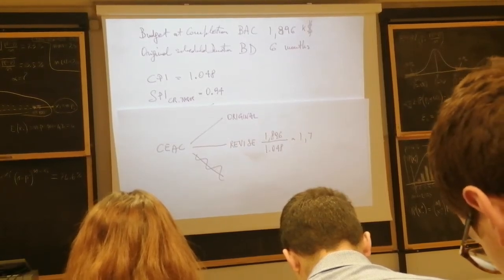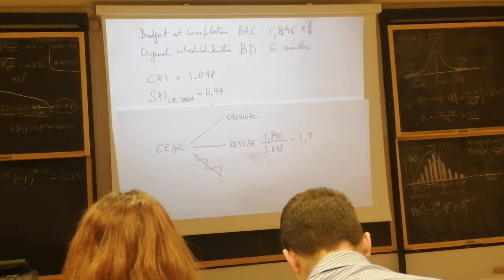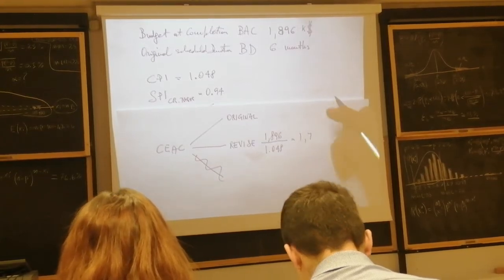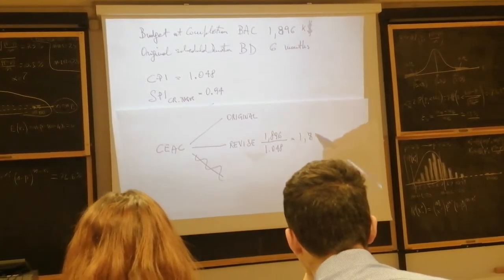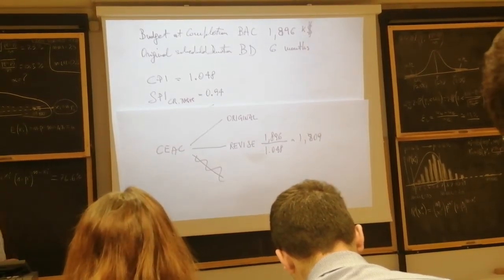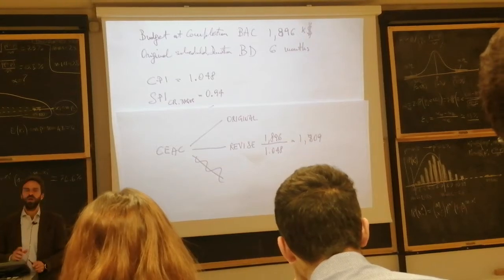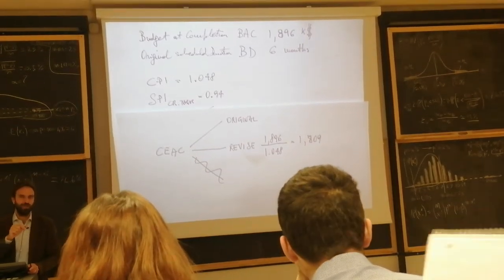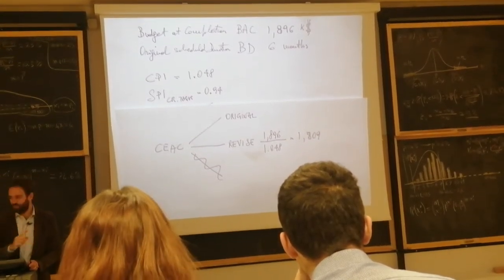You do have a calculator. So we make $90,000 savings, which is consistent with the cost variance.